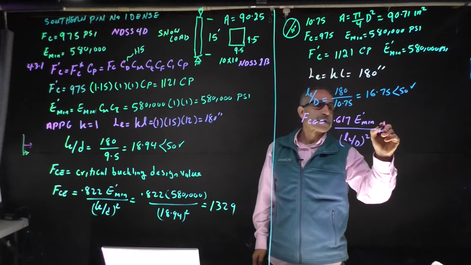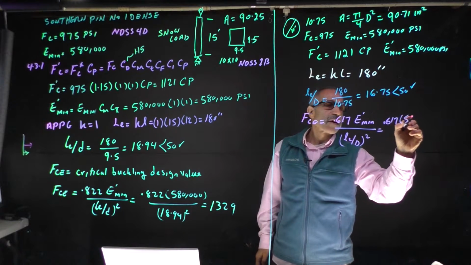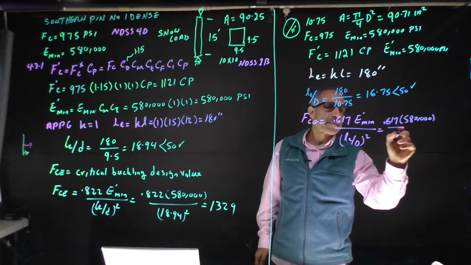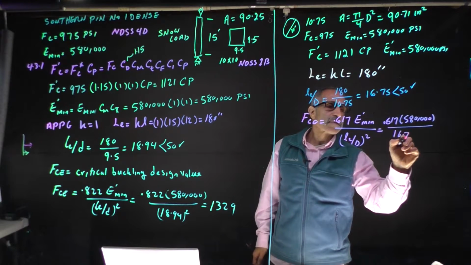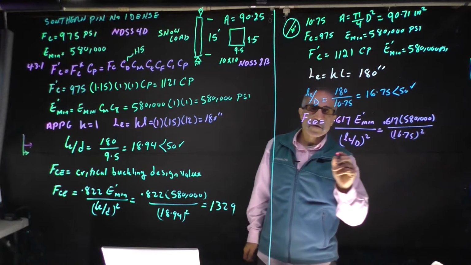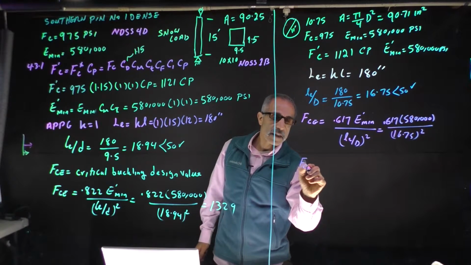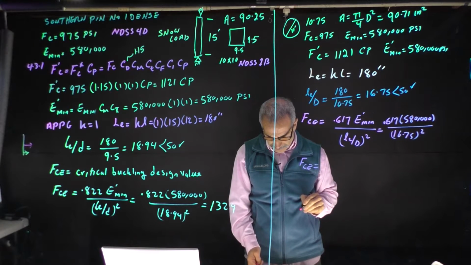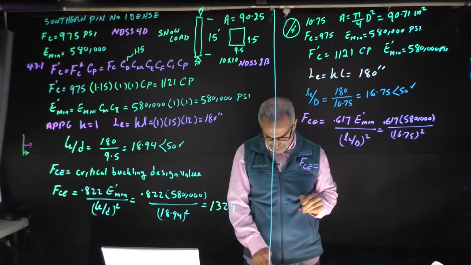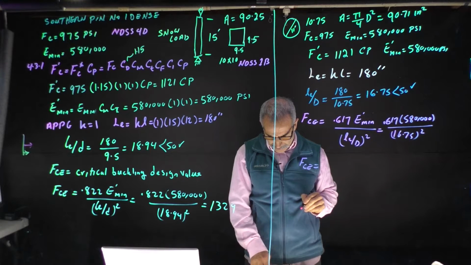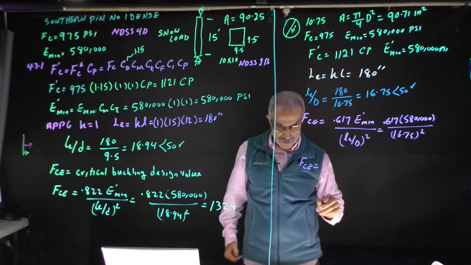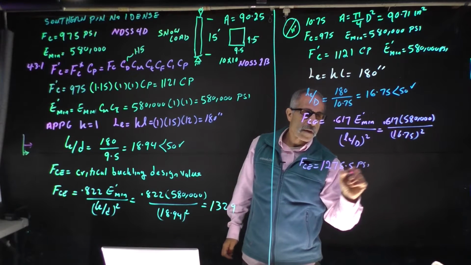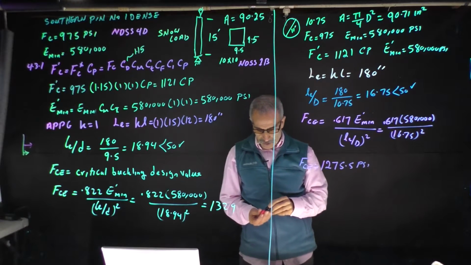In our case, it's 0.617 times 580,000 divided by 16.75 squared. So my FcE comes out to 1275.5. Okay, now we have that.